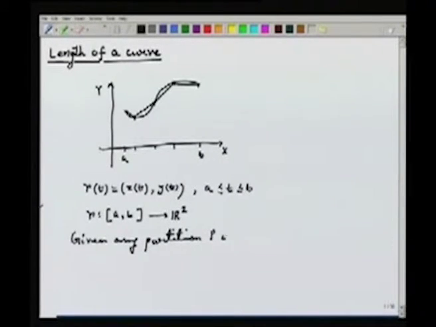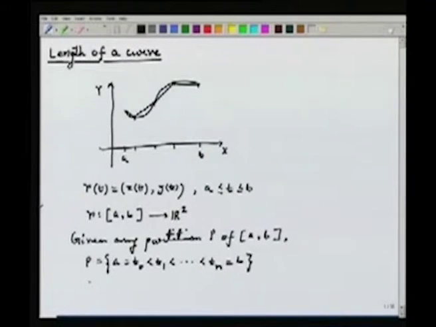of [a, b], let us say the partition looks like this. What we do is we plot the corresponding points on the curve.